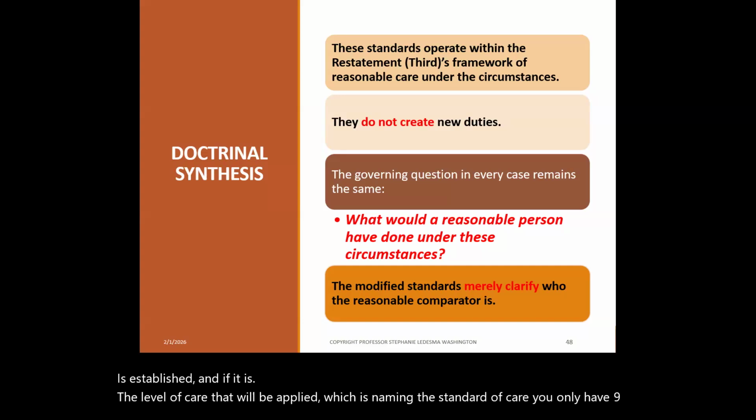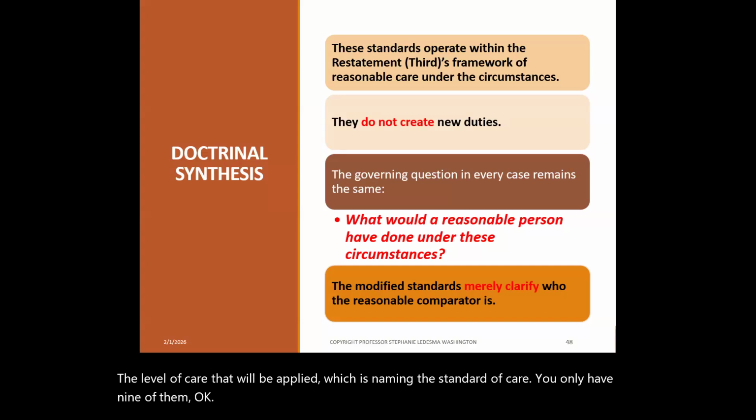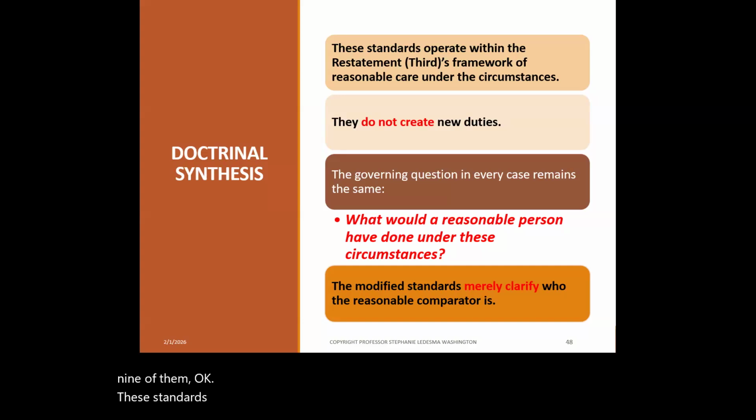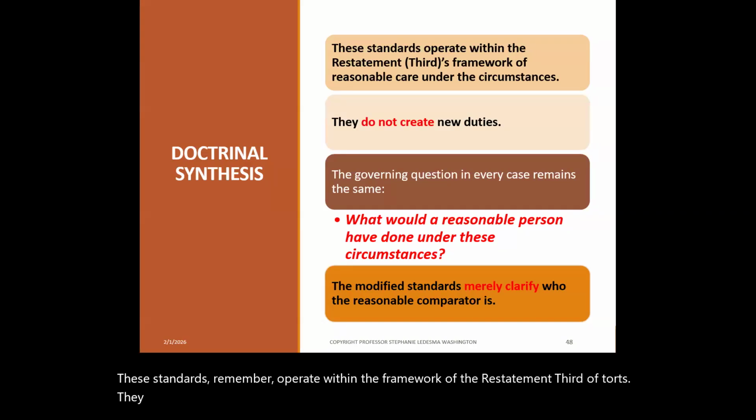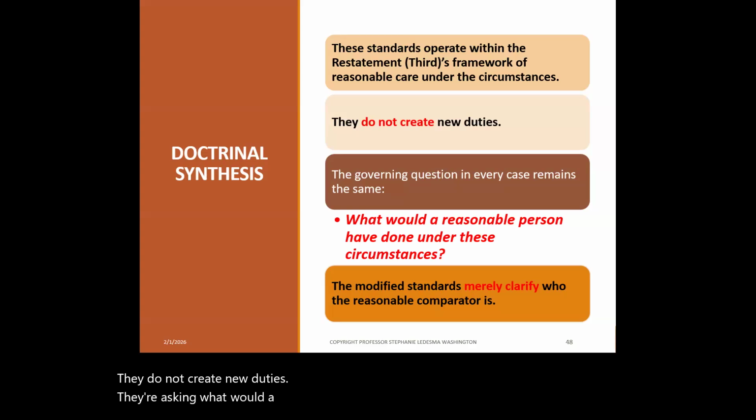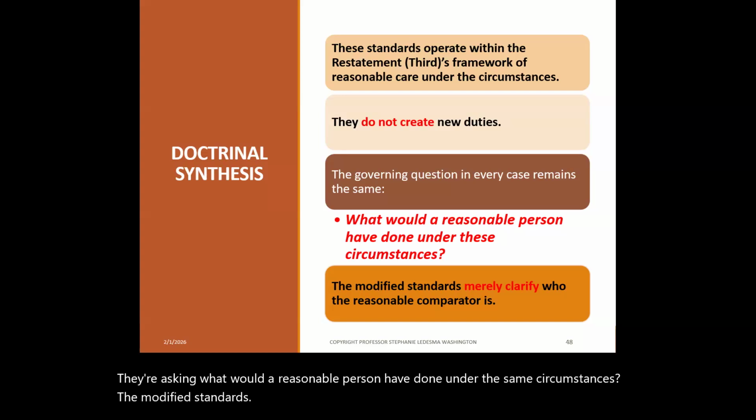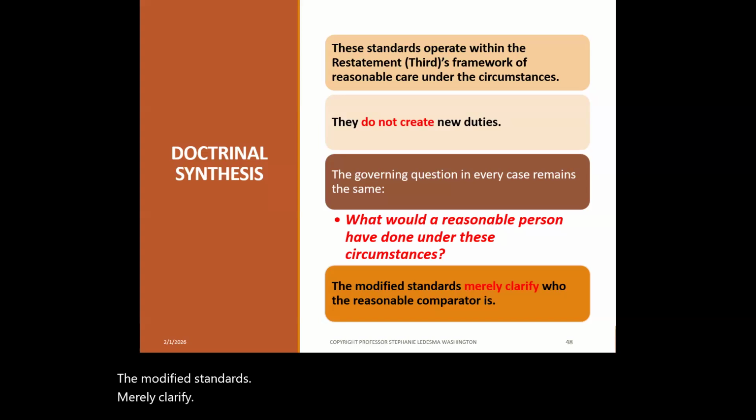Okay. These standards, remember, operate within the framework of the Restatement Third of Torts. They do not create new duties. They're asking, what would a reasonable person have done under the same circumstances? The modified standards merely clarify the characteristics of the reasonable comparator.